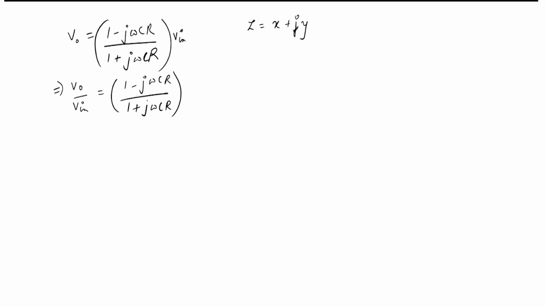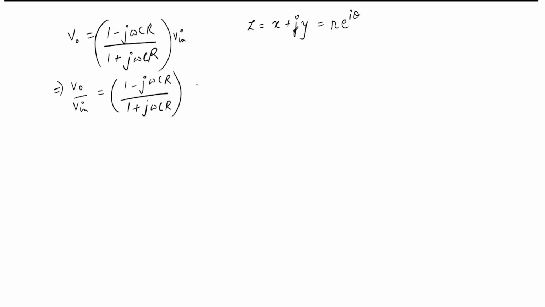This is one way of writing a complex number. There is also another way of writing a complex number in the polar form. Can someone tell me how to write a complex number in polar form? R e to the power i theta. Yes or no? Yes.